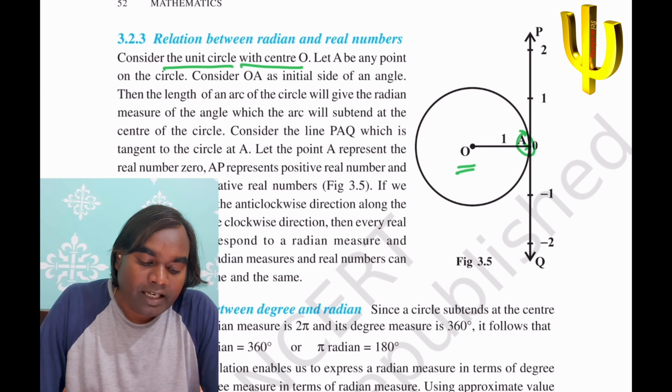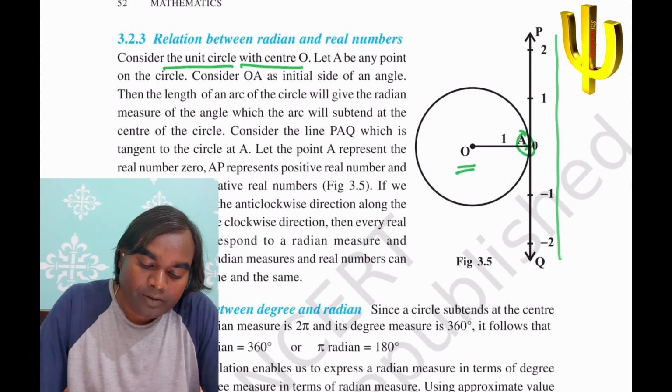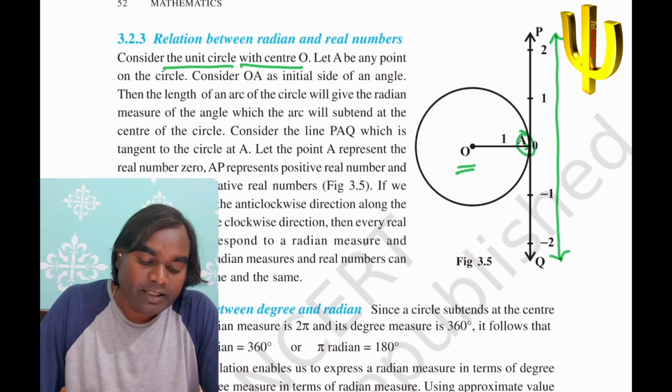Now consider the line PAQ, which is tangent to the circle at the point A. Let the point A represent the real number 0.